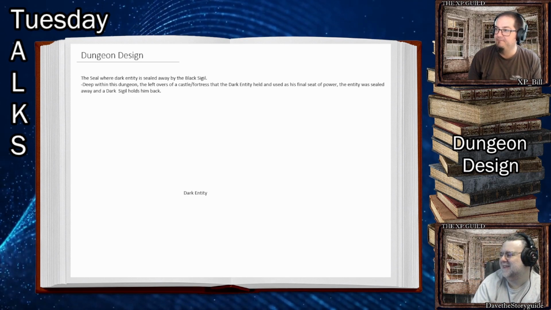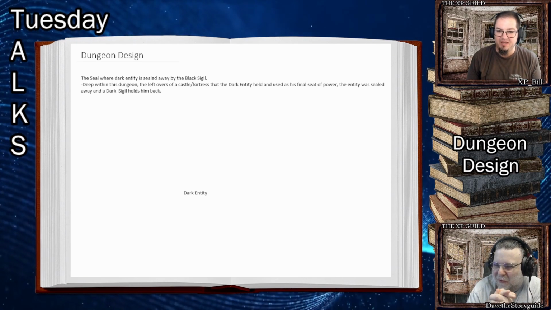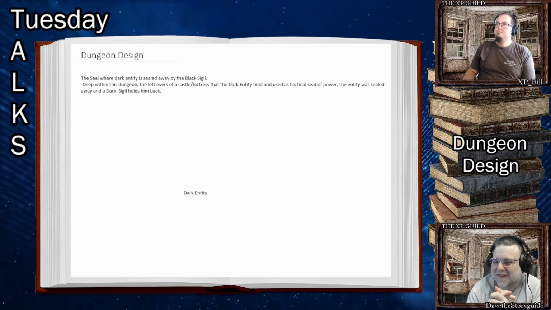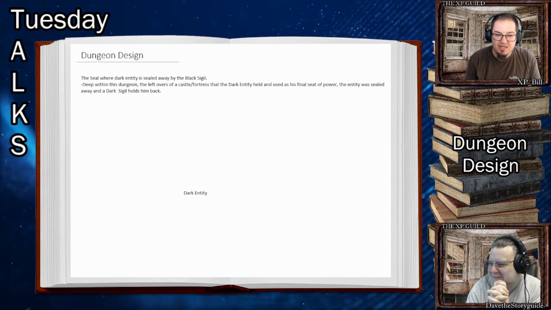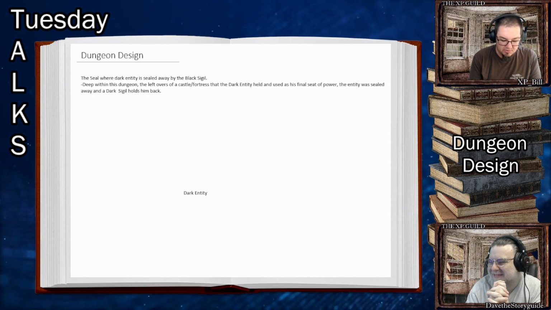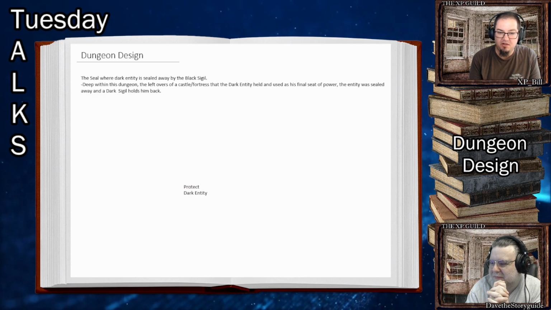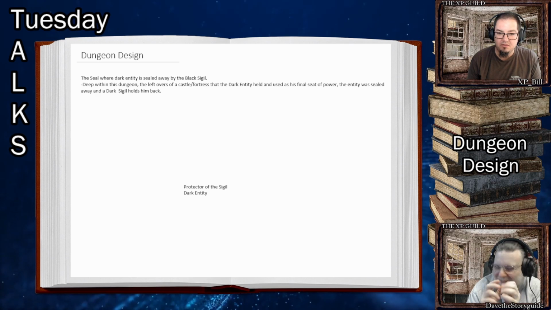Okay, there it is. I was gonna say, how far are you going down? Not super far down. We might go further down. That's fine. And I'm gonna just add right above it the protector of the sigil. Rodimus, you forgot to go blah ha ha ha ha.